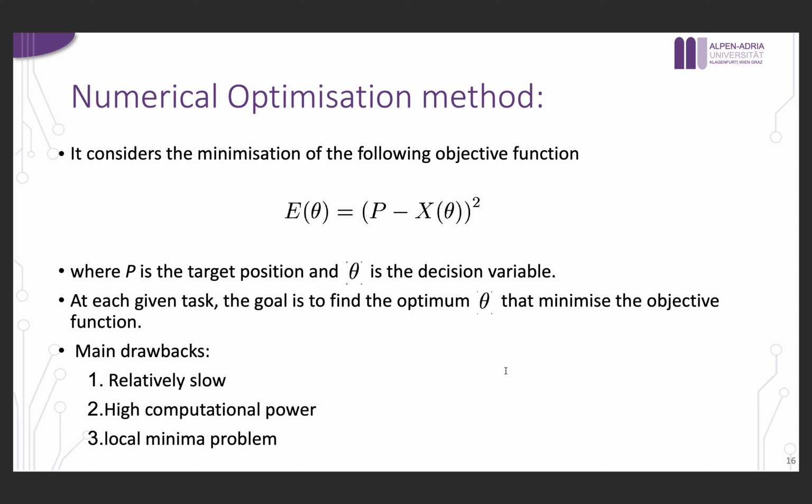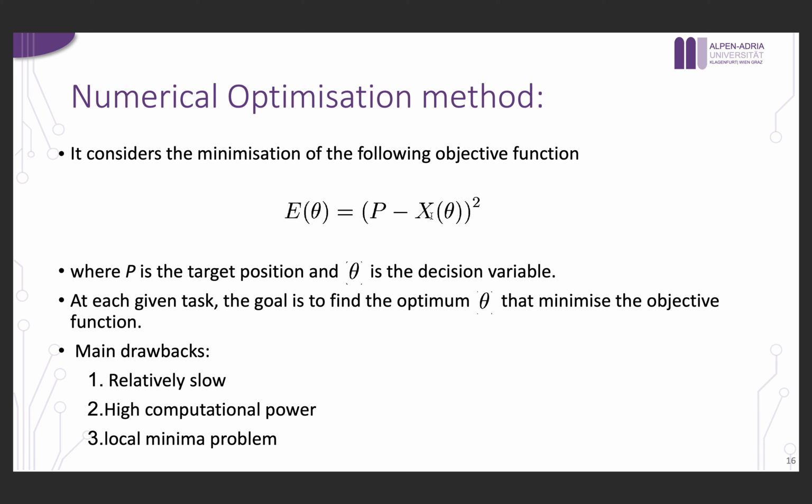Now the idea is that it's an optimization method. We have the target position of the robot arm that I want to reach, and I have the forward kinematic model. This forward kinematic is a function of theta, and as an output it gives the position.